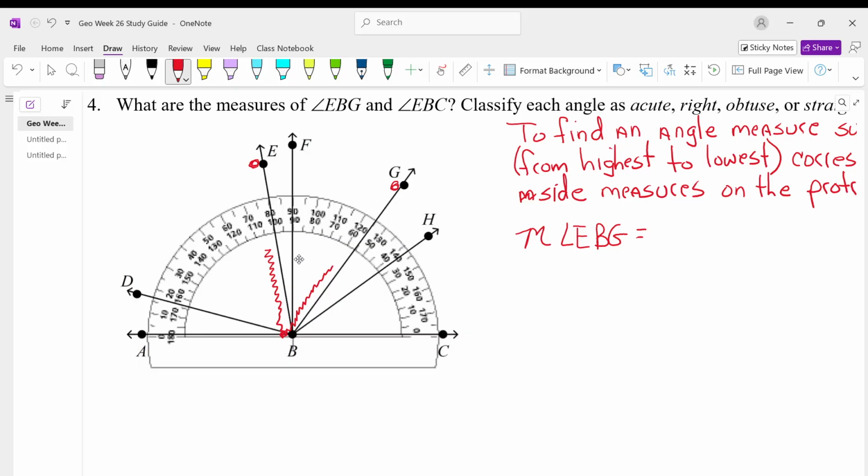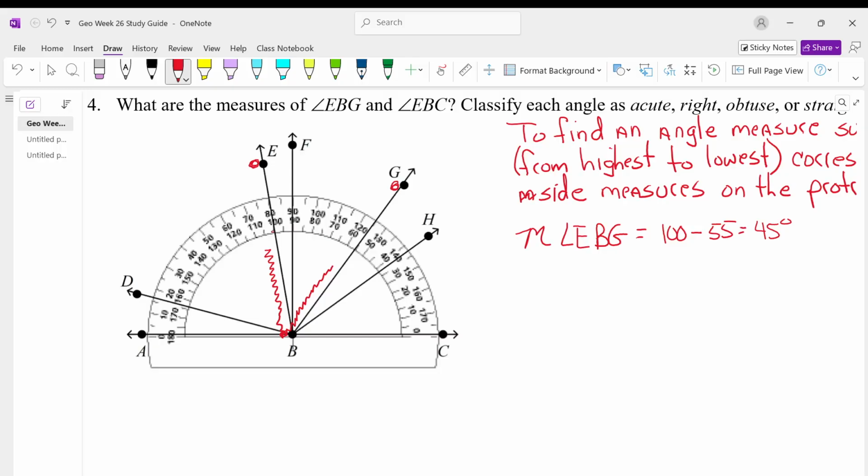So if we're going from highest to lowest, and I'm going to go EB, I'm going to use the 100, and I'm going to subtract the 55. And what's 100 minus 55? Good, 45 degrees.